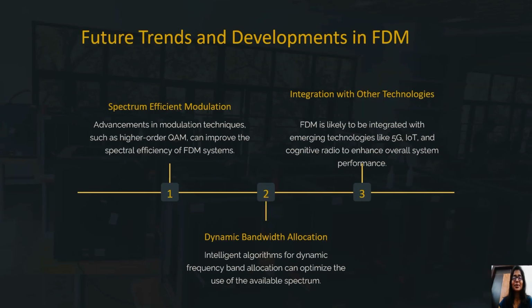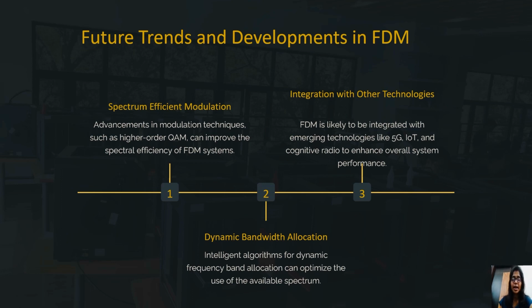So next we'll see trends and developments in FDM. First, spectrum efficiency: advancements in modulation techniques such as higher-order QAM can improve the spectral efficiency in an FDM system.